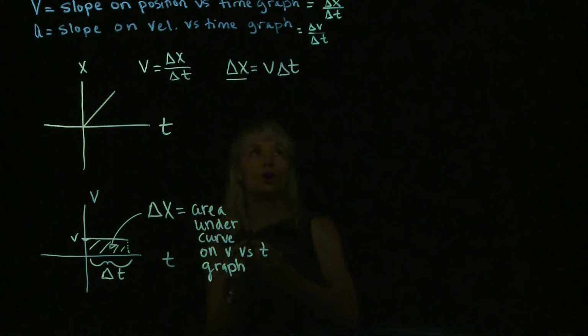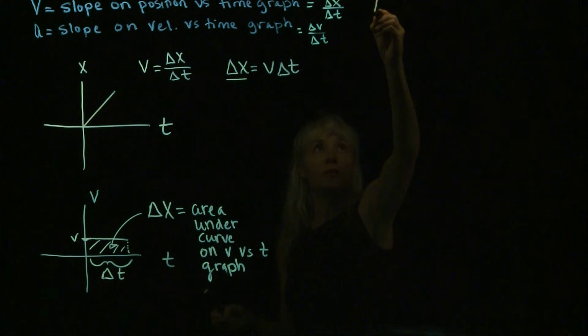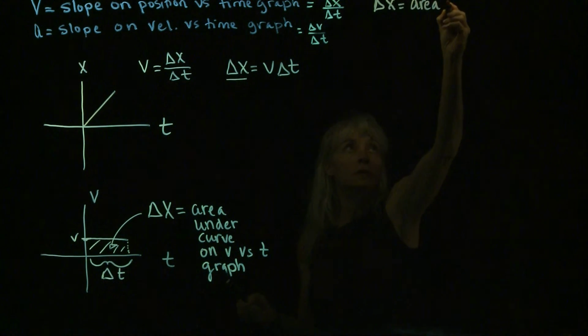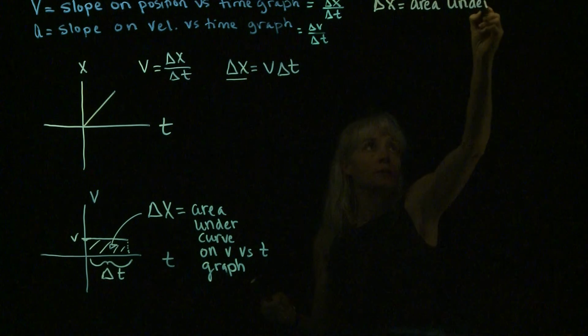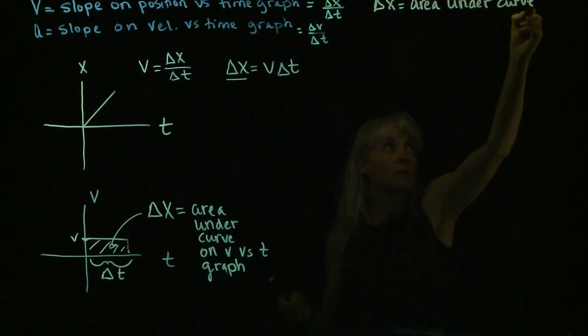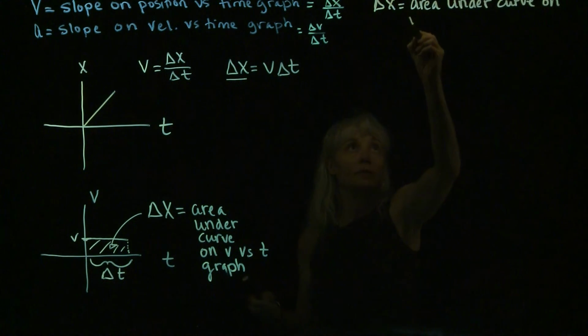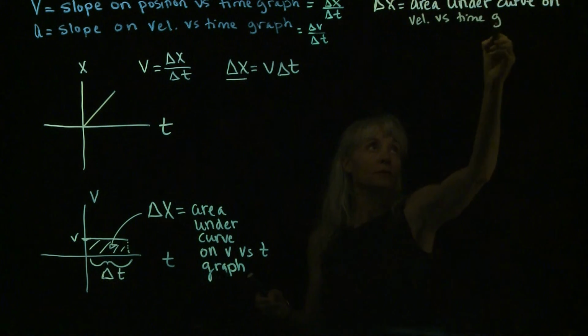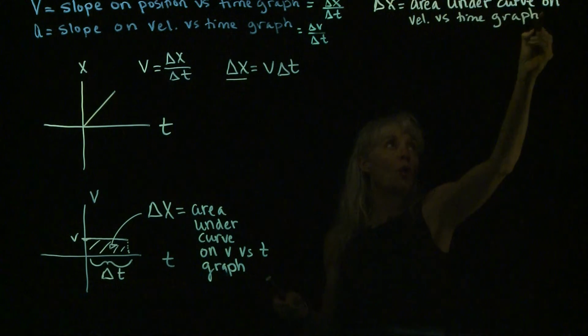We also know that displacement is equal to the area under the curve on the velocity versus time graph. Okay, and this is always going to be true.